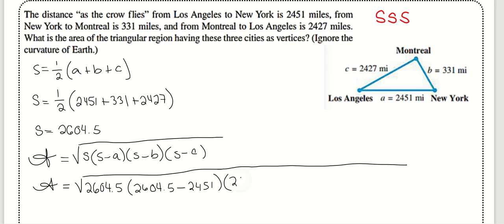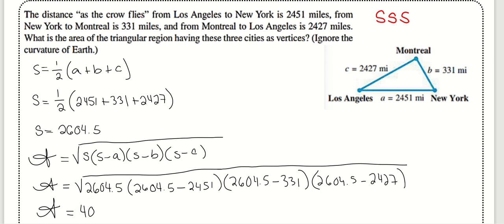Times S again, which is 2,604.5, minus B, which is 331, and then the last one, which again we have 2,604.5 minus 2,427. Using our fancy phones or our fancy calculators, we get an area of a big number, 401,664.11 square miles.